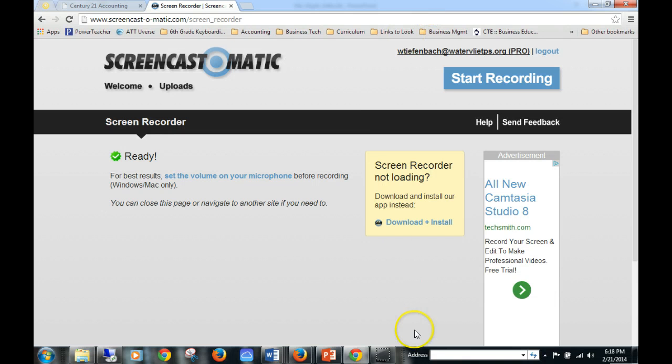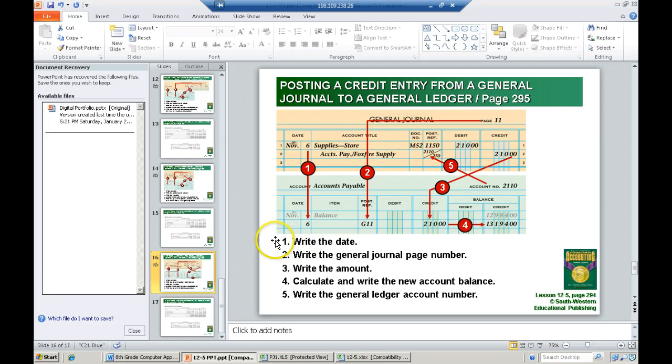One last thing we're going to want to do is once we've posted, especially from a general journal, and you notice that we have the accounts payable account with the vendor number. This isn't a customer, this is a vendor, someone that we bought from on account.